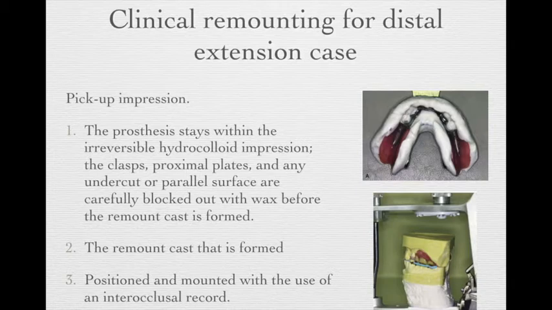That's what we call a pickup impression. Then we have to block out the clasps, proximal plates, or any undercuts we see on the RPD. Then we make the remount cast. After we pour the remount cast, we position and mount it on the articulator with the interocclusal record.